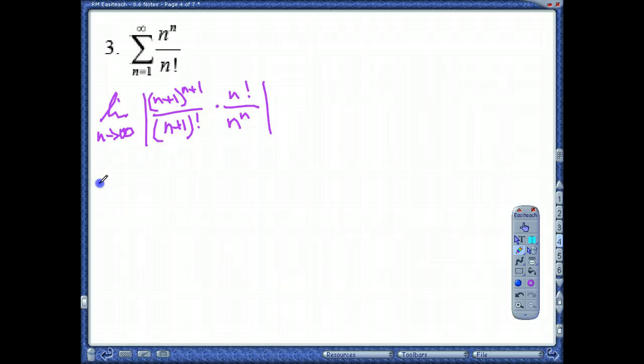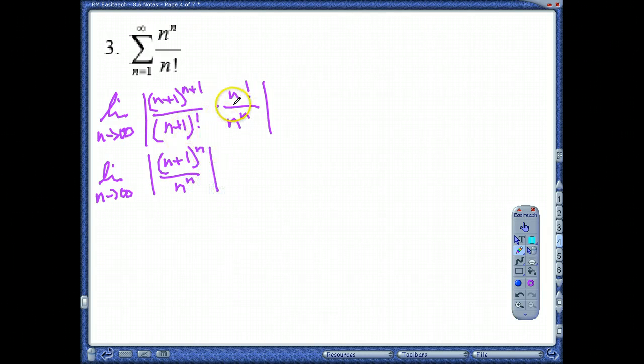All right, so when I do this little guy right here, I'm going to have my n plus 1 to the nth term over n to the nth term.